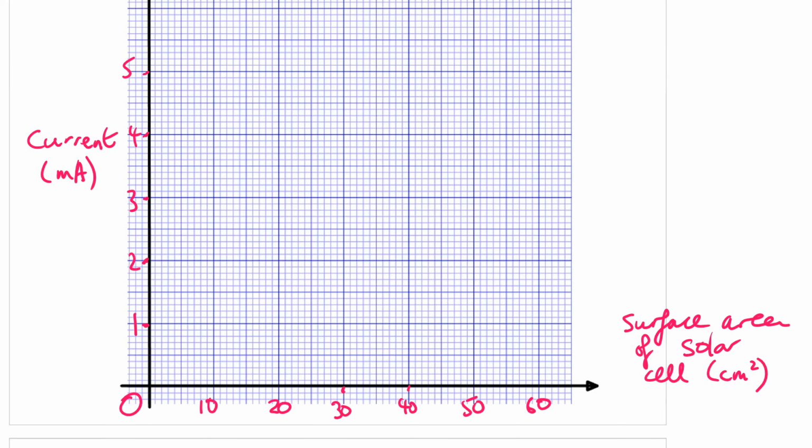54. 54 is right here. It's 54. And that was 4.17. There's 4.1, 4.2 is going to be right here. It's a cross, nothing else. That's the best we can do. 48. 48 is here. 3.32.